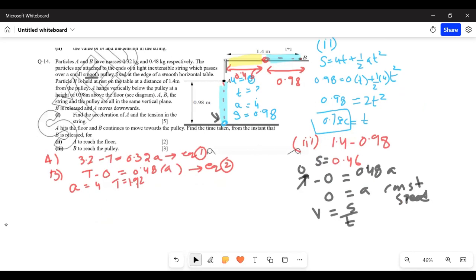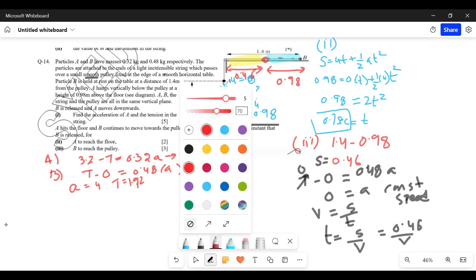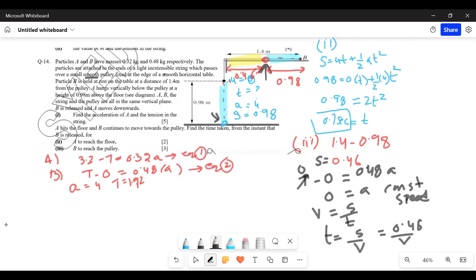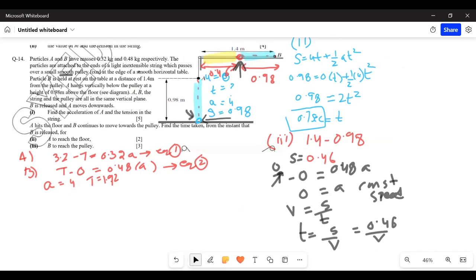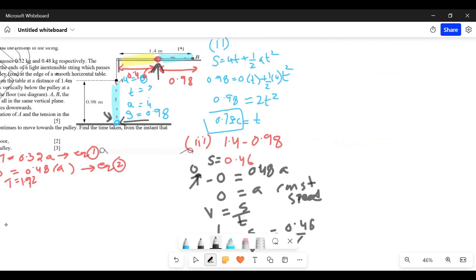So now time would be distance over speed. Distance we know is 0.46, sorry, but speed we don't know. How will we find the speed? The speed at this instant is the speed right before it hits the ground. So we have lots of parameters for A. We can use that to find V.